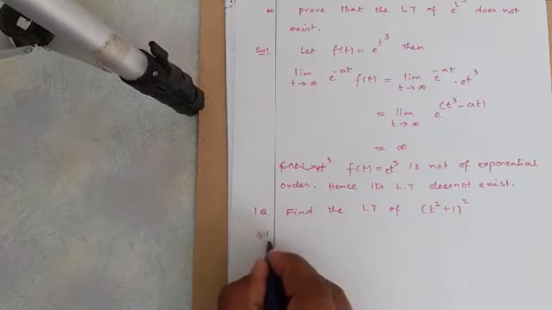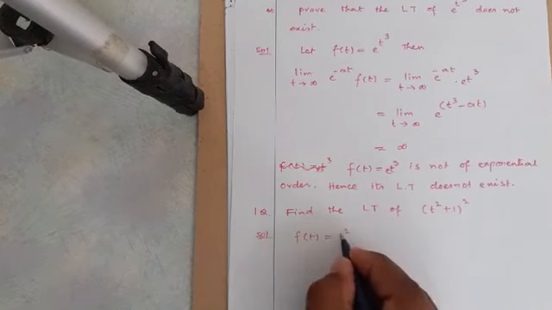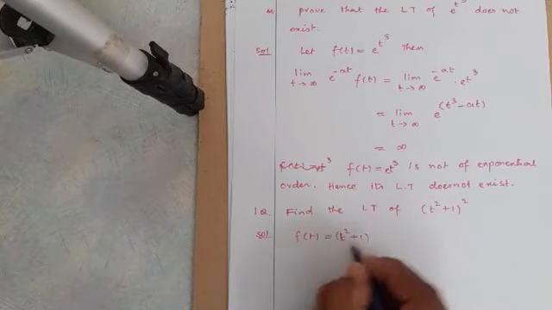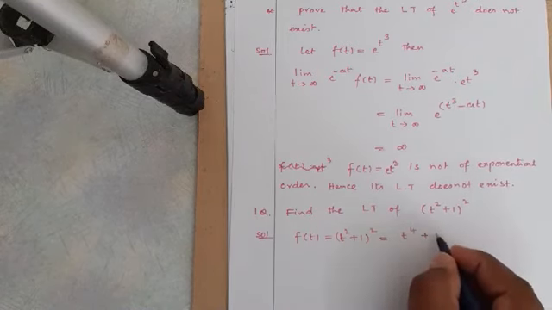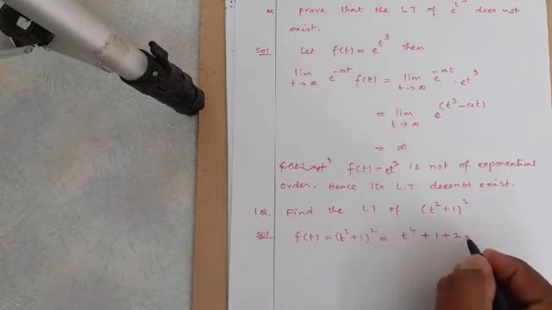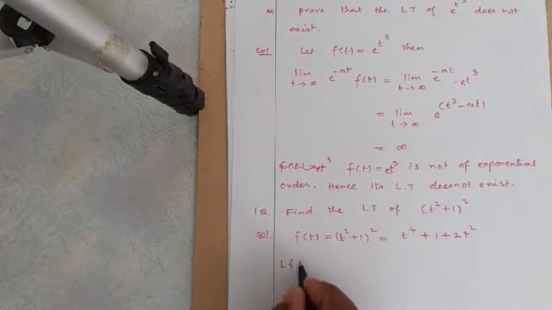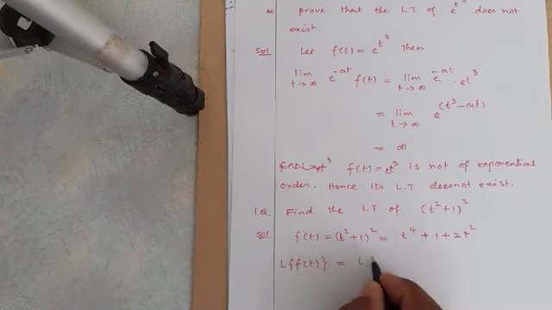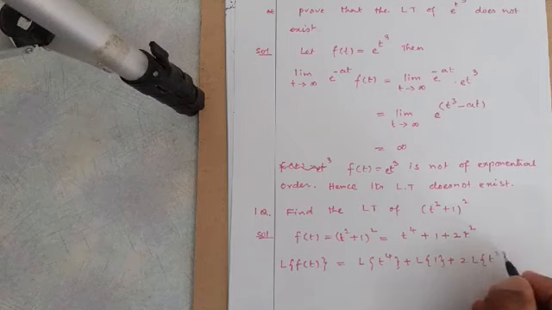As you know, here f of t is given as t square plus 1 whole square. If you expand this, you get t power 4 plus 1 plus 2t square. Now when you apply the Laplace transform to the given function, this becomes Laplace of t power 4 plus Laplace of 1 plus 2 into Laplace of t square.